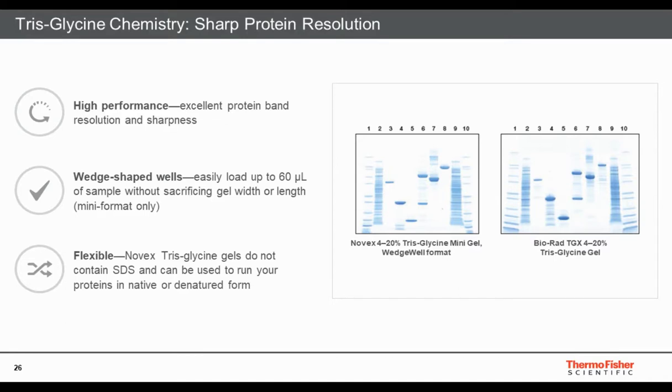Having said that, we have worked hard to overcome some of the limitations of Tris-Glycine chemistry while utilizing its inherent advantages. The Novex Wedgewell Tris-Glycine gel is designed to provide excellent band resolution, sharpness, and staining efficiency compared to Biorad TGX gel.